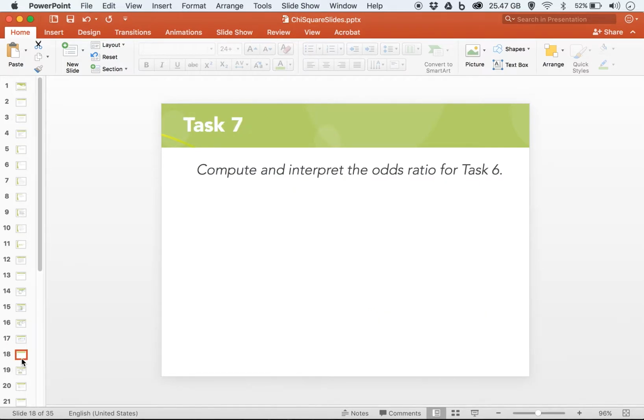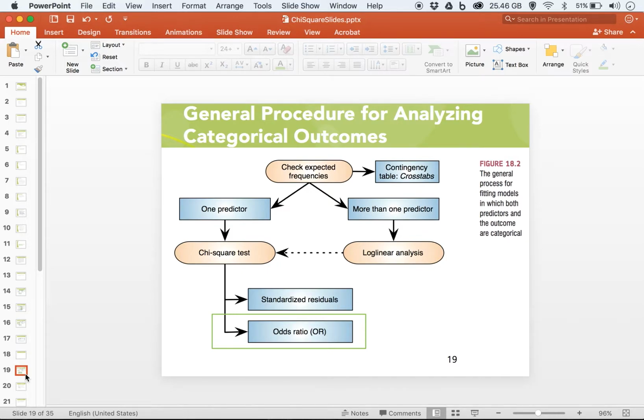And so the next step, though, before we write our results, is to compute and interpret the odds ratio. That was for task 6 that we just accomplished. And so with the odds, what we want to understand is what is the odds for doing these different tasks.